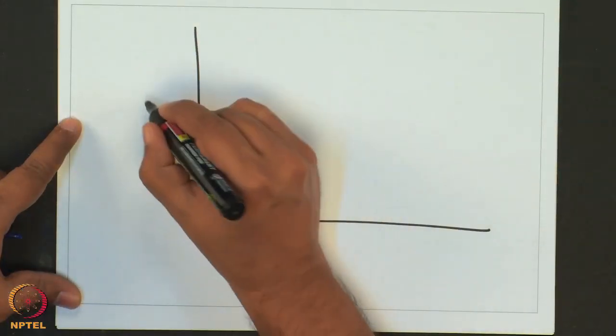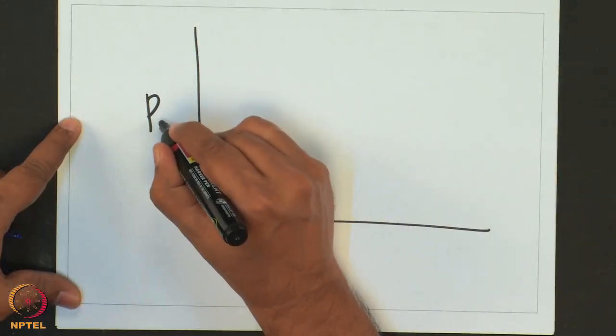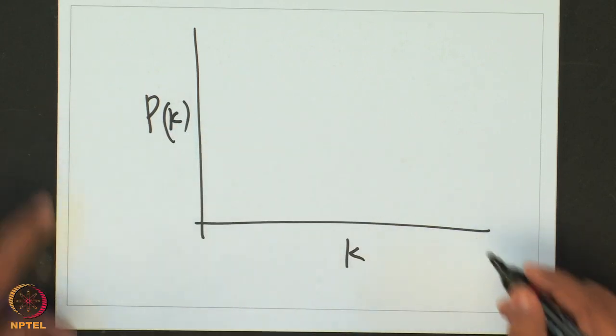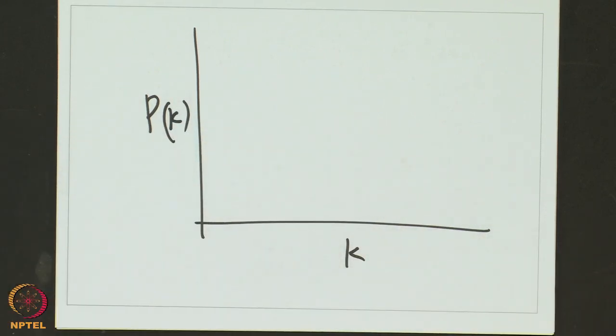And now, given this, we would also think about plotting this distribution. So let us think of plotting p of k versus k. What does this mean?